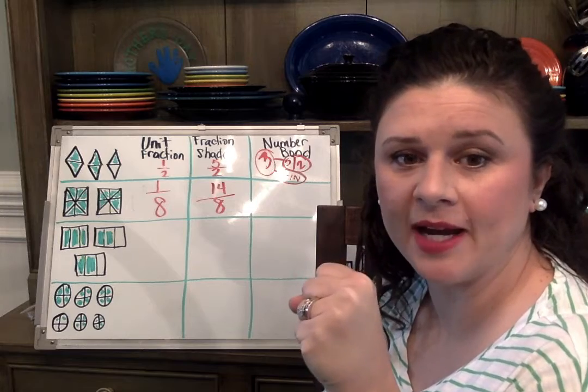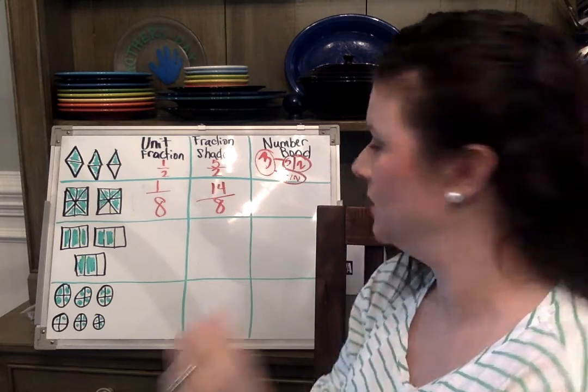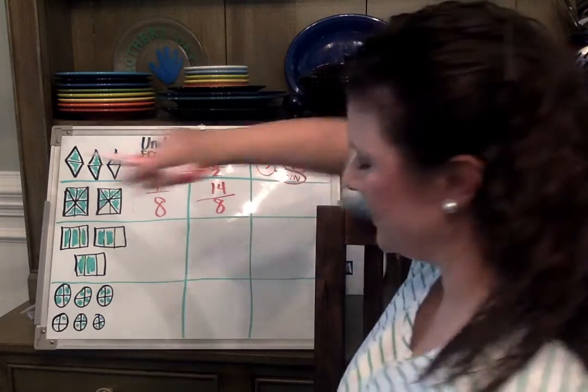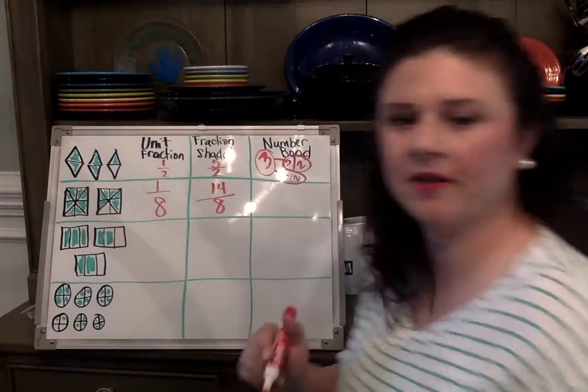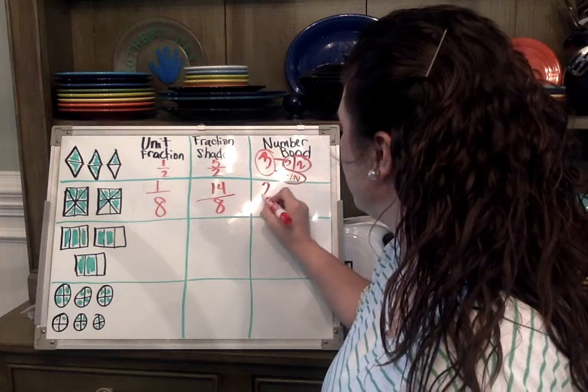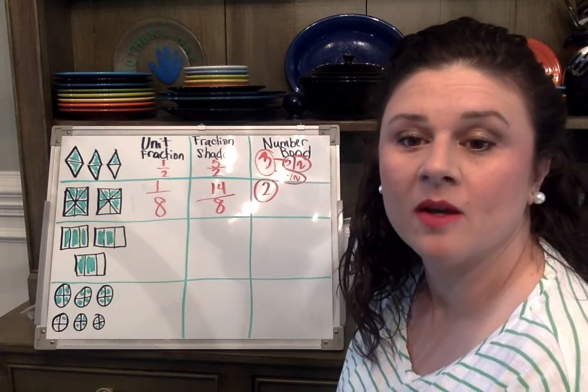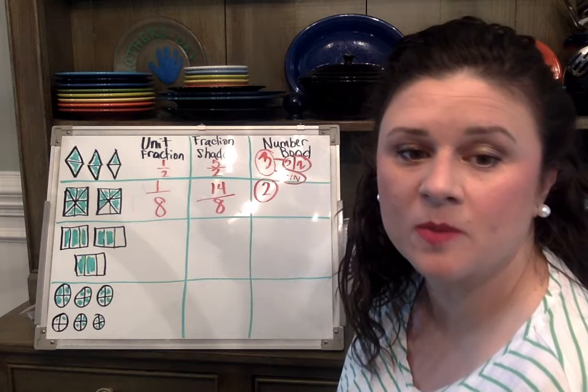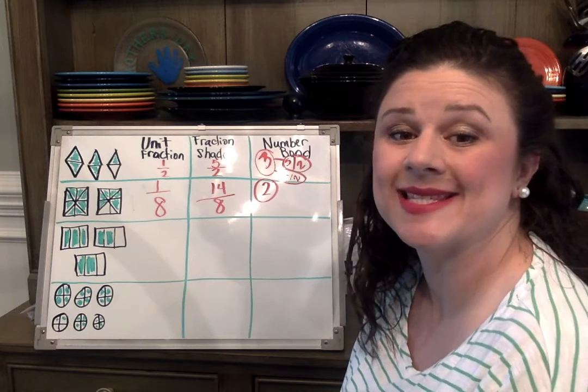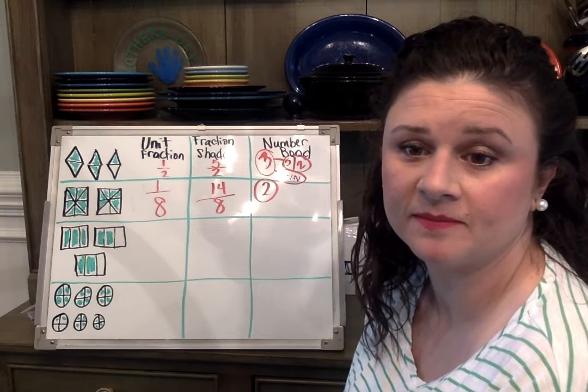Now remember my number bond, what's the whole here? How many wholes do I have? 2. So in my number bond, I have 2 whole squares. What fraction represents the shaded portion?